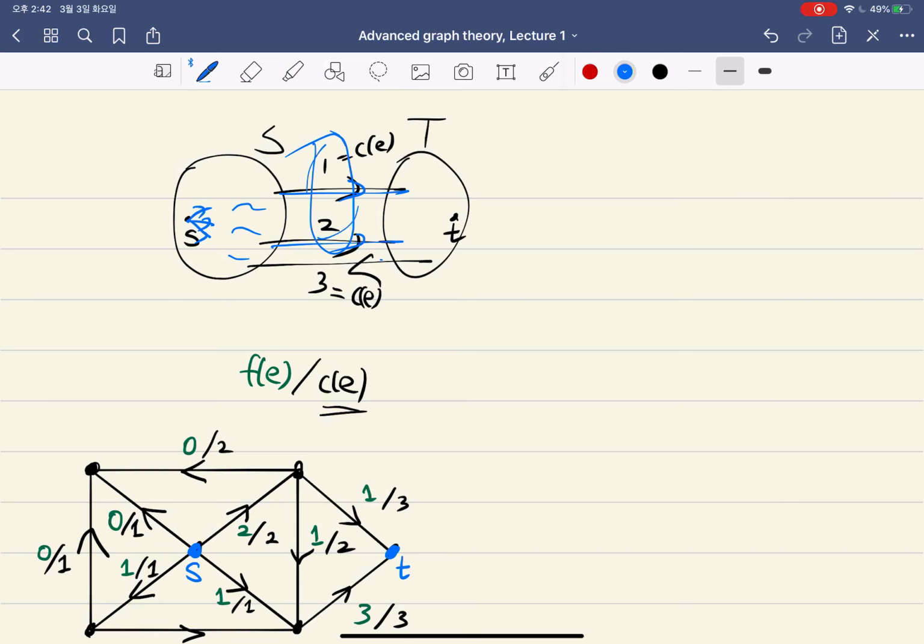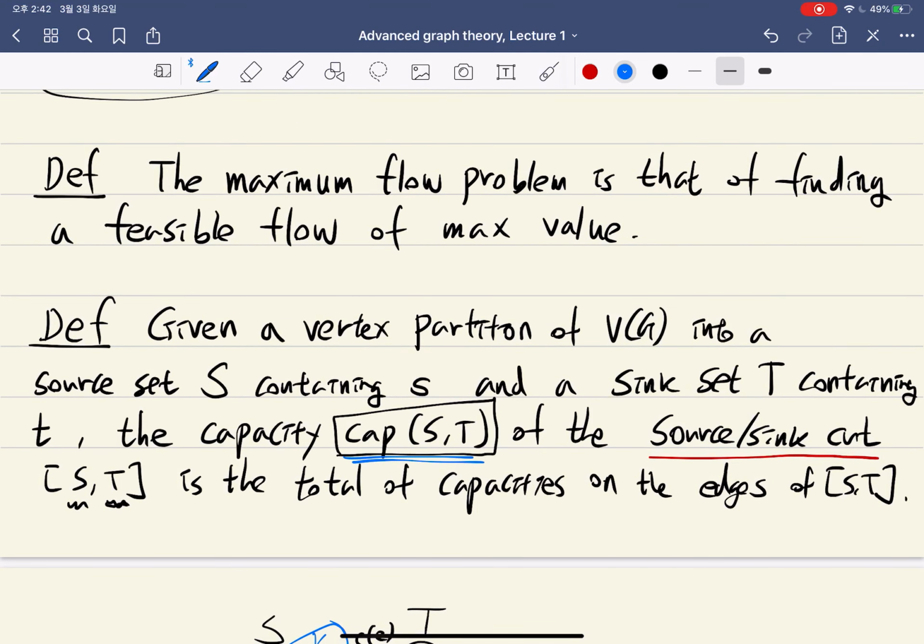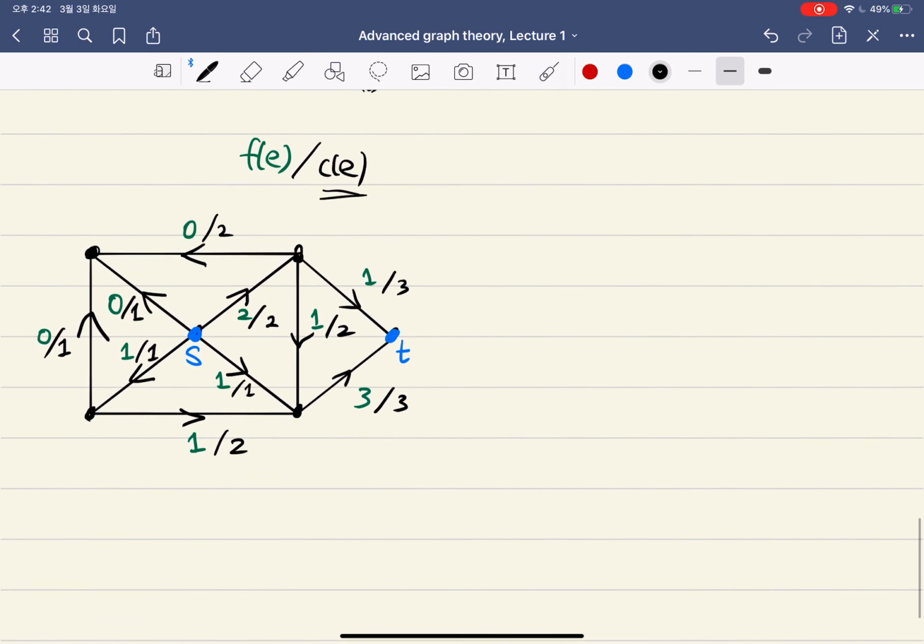Then the maximum water that can arrive to T is at most 3. So later we will see that this will provide a good upper bound for the value of flow. So that's why we define them.